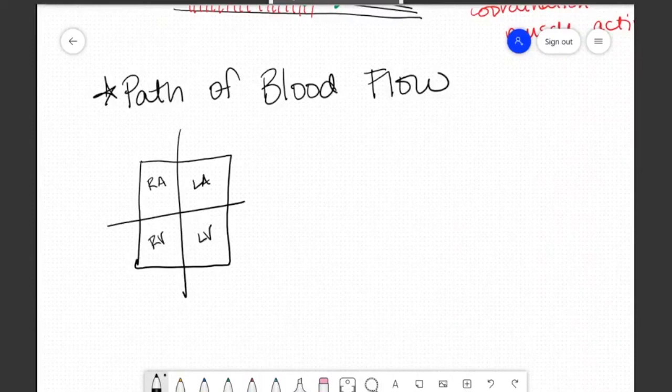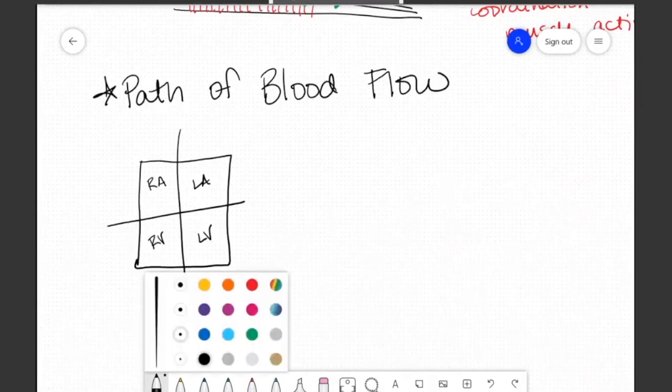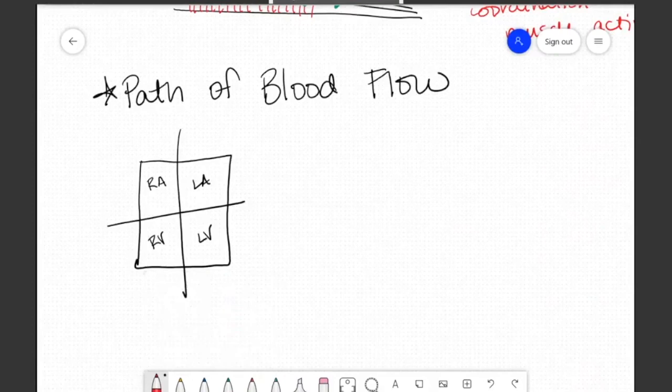I am also repeating this multiple times because it's really easy to get confused until you kind of have it down. So the path of blood flow, we've talked about it in isolation, blood coming in, blood coming out. But what we actually really mean is that as blood is coming in here, blood is also coming in here. They are the same.